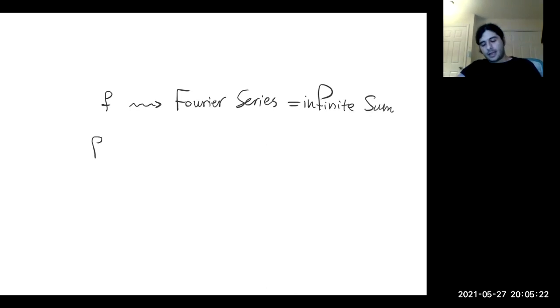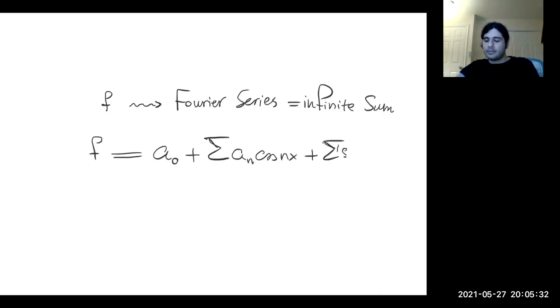Are we claiming that f is equal to that thing we are writing? Is it possible? Is it true for any function f? Well, the answer is no. This is not correct for any function f, and it's not true at any point x.